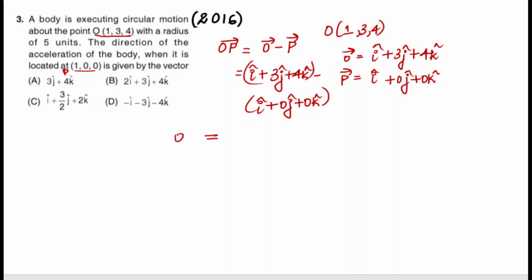Now we got the value of OP vector, which is equal to i cap minus i cap, it will be 0 times i cap. 3 times j cap minus 0 times j cap, it will be plus 3 times j cap. 4 times k cap minus 0 times k cap, it will be 4 times k cap, right? So OP vector is equal to 3 times j cap plus 4 times k cap, which is the right option. Option A is the right option.